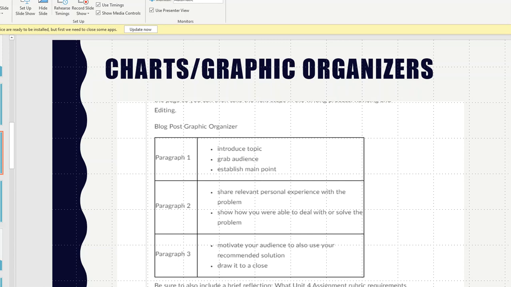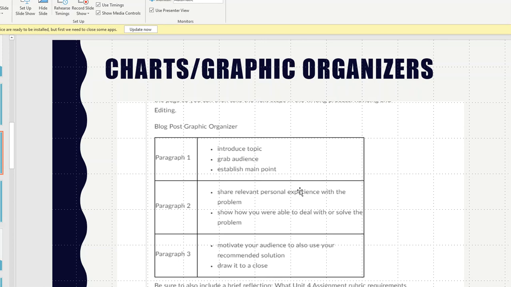And if they can use those bullet points to fill in the information, they can use this organizer to actually create a more coherent paragraph. Same thing for paragraph 2. Ask them to actually use the bullet to identify the relevant personal information and experience with the problem that they're addressing in order to generate a more focused paragraph.